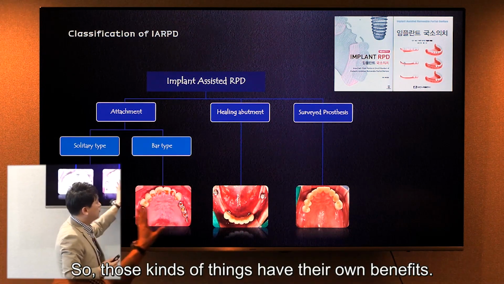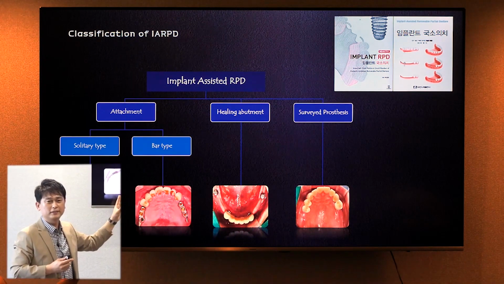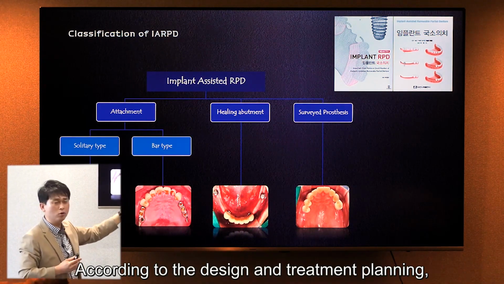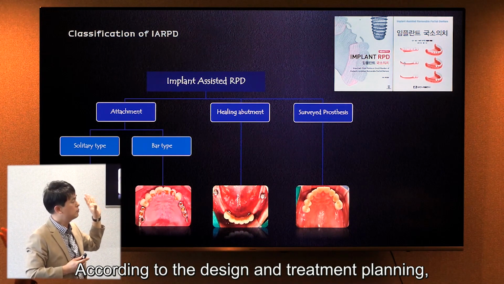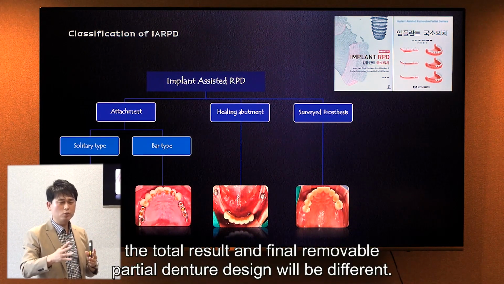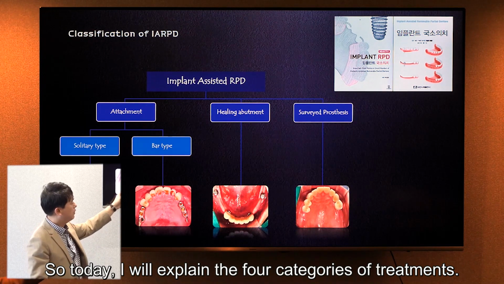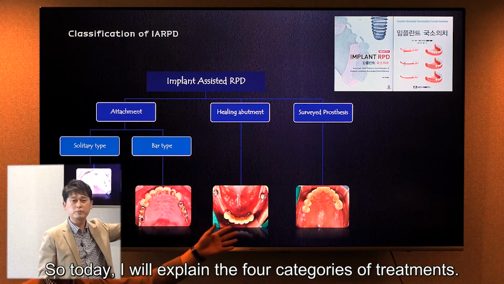So those kinds of things have their own benefits. According to the design, according to the treatment planning, the total result and the final removable partial denture design will be different. So today, I will explain about 4 category treatment.